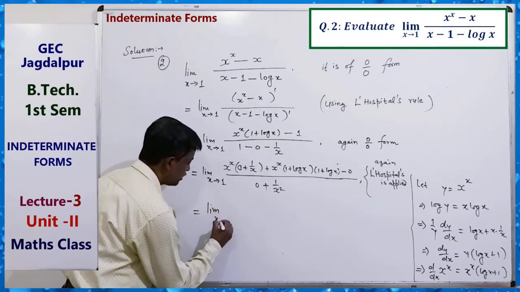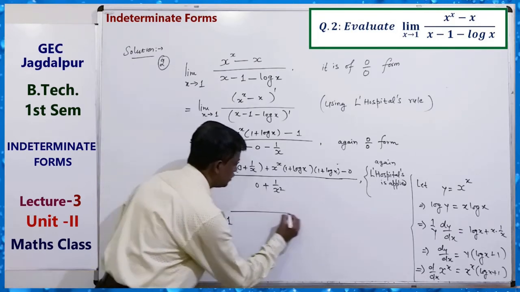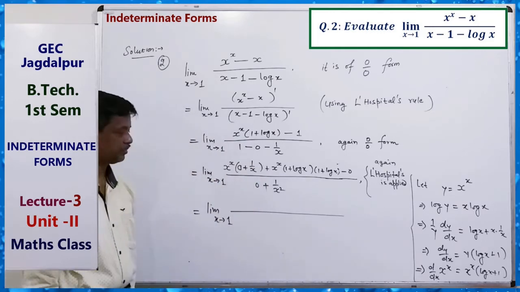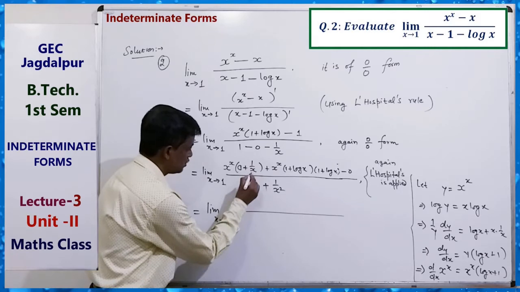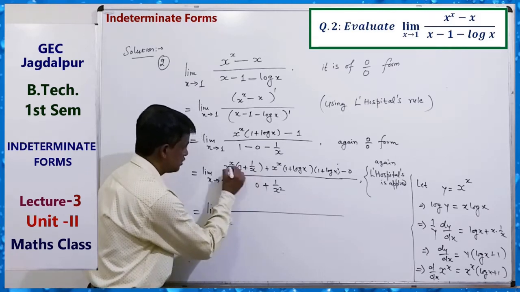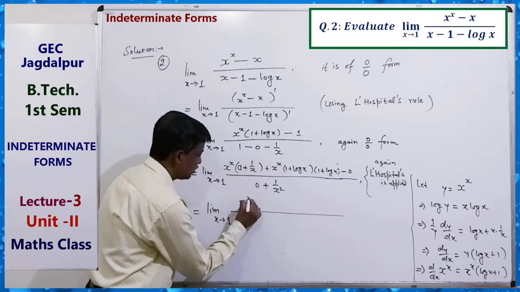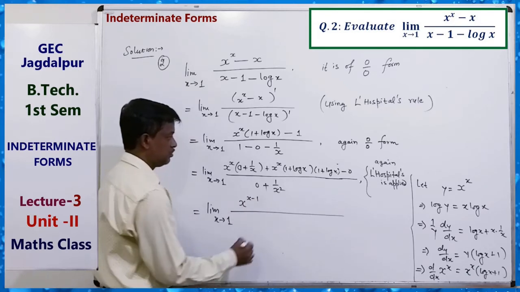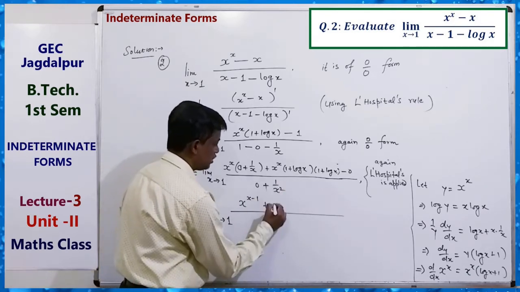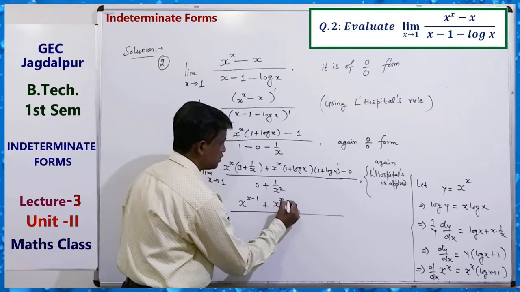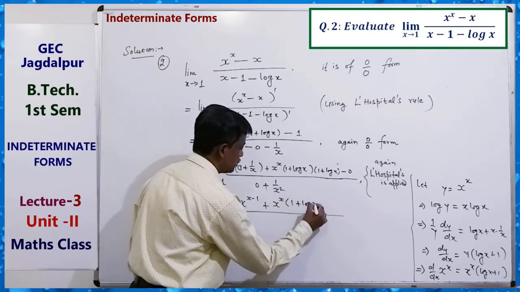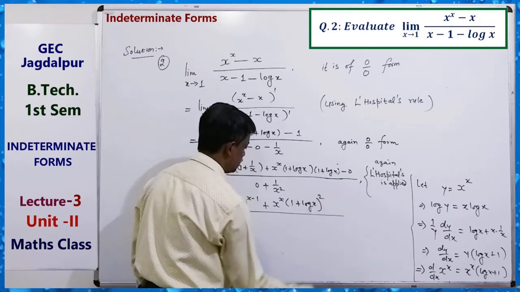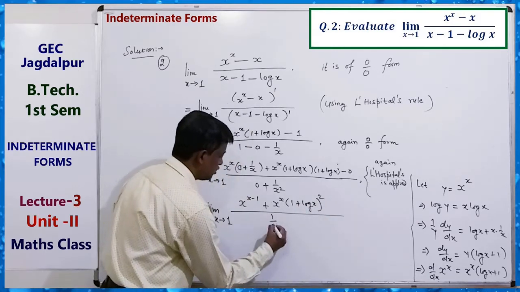Limit x tending to 1: x to the power x times 1 by x, so x to the power x minus 1, plus x to the power x (1 plus log x) square, upon 1 by x square.